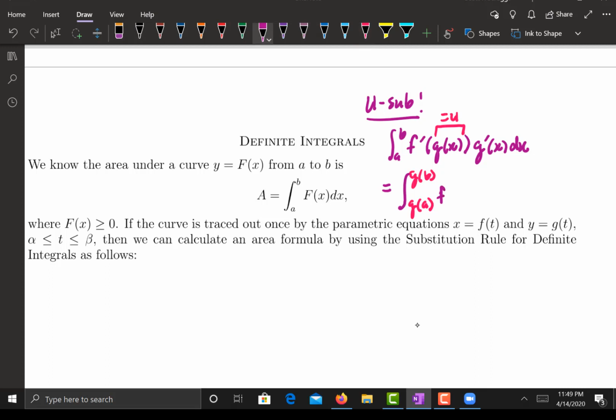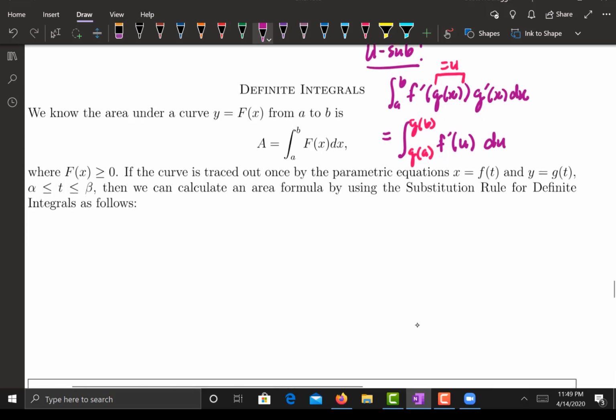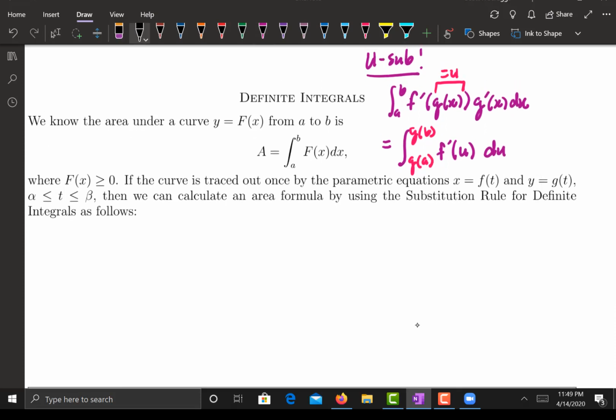And then I rewrite this as f prime of u du. And in this case, for my substitution, I want to let x be f of t.